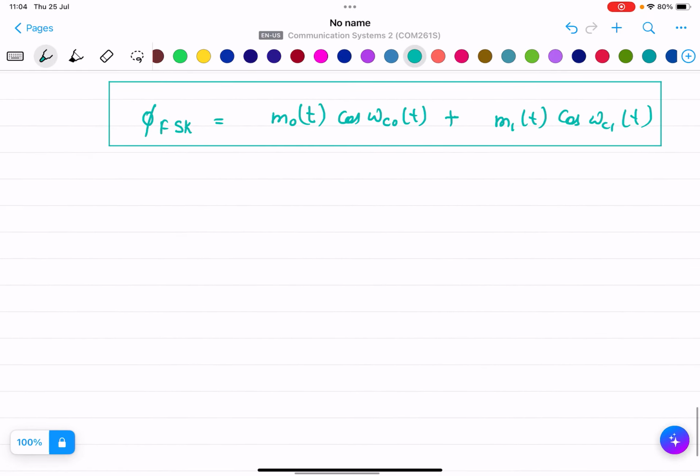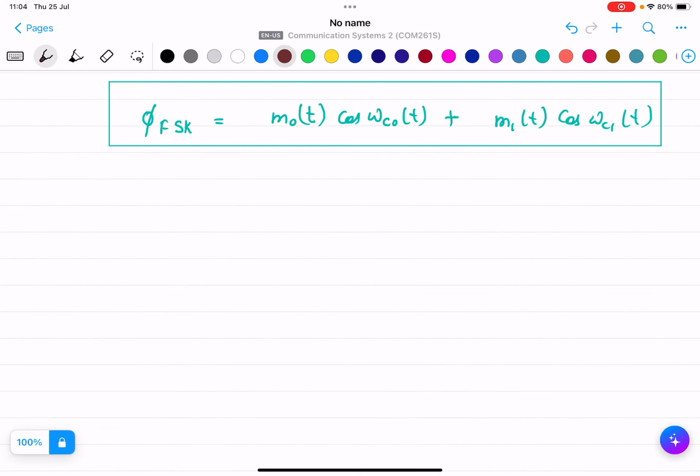Now the third one is phase shift key. That means it is PSK.